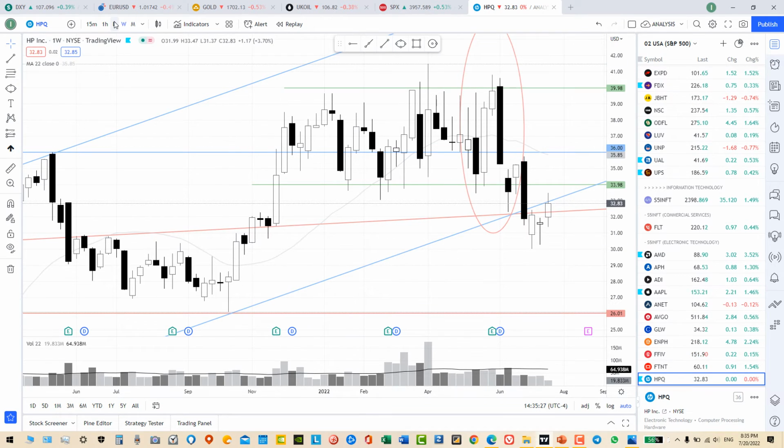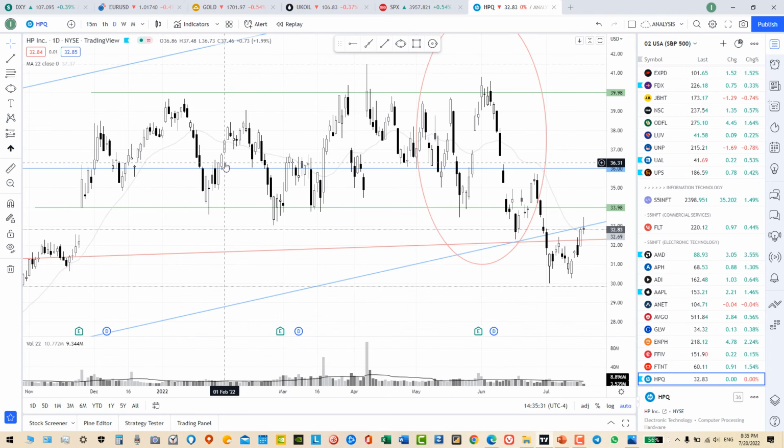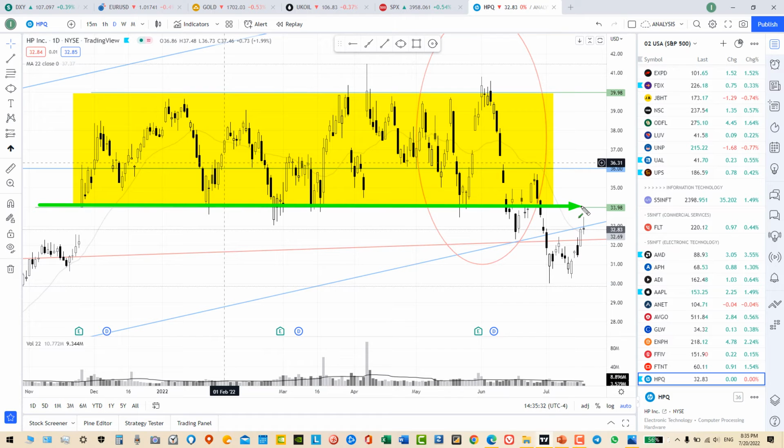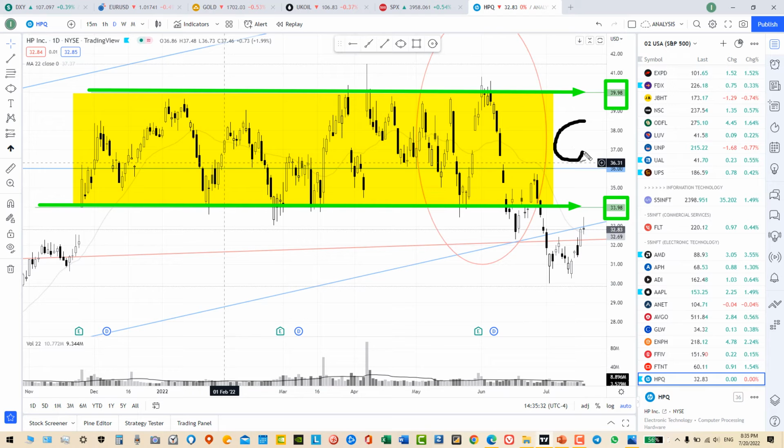Now let's check the short-term details over the daily chart. And here we go. We can see clearly the trading range over the short term. It was ranging between the support around $34 and the resistance around $40, which means that the trading range thickness was around $6.